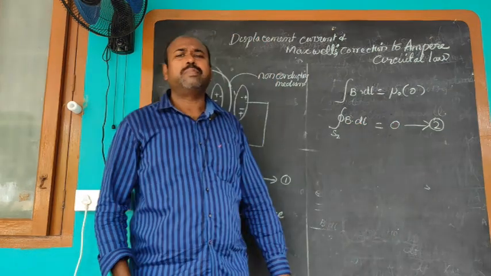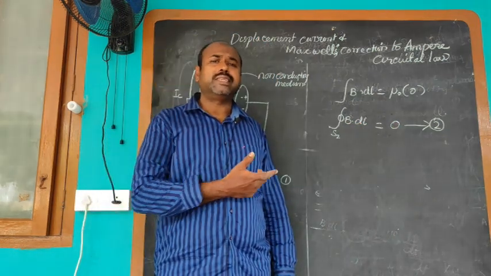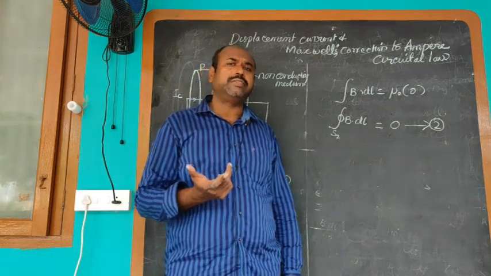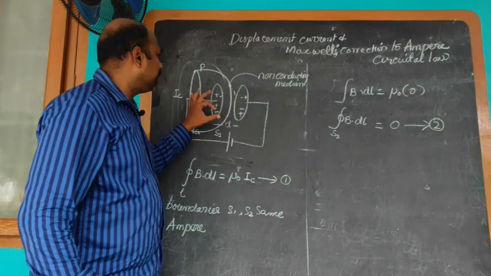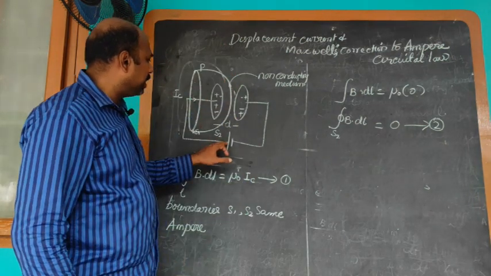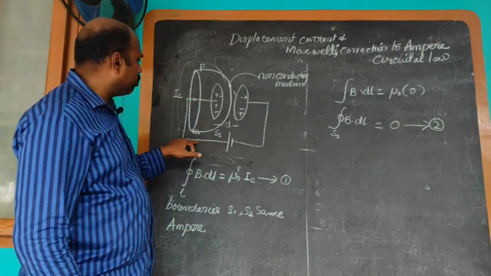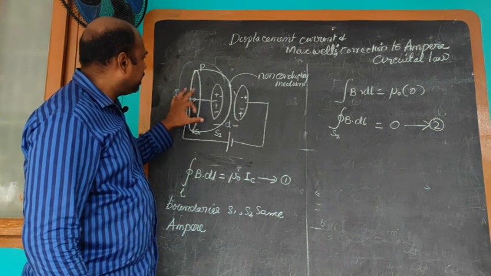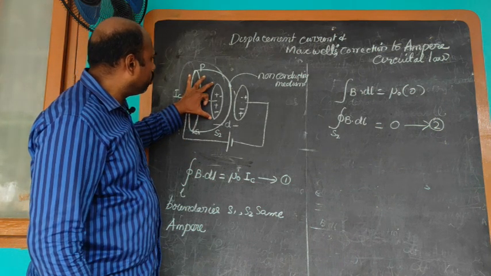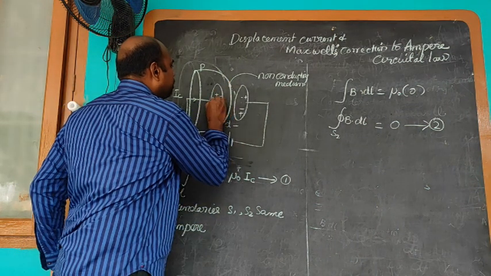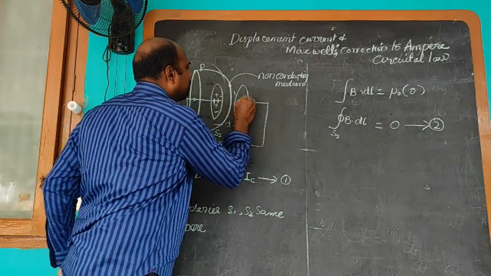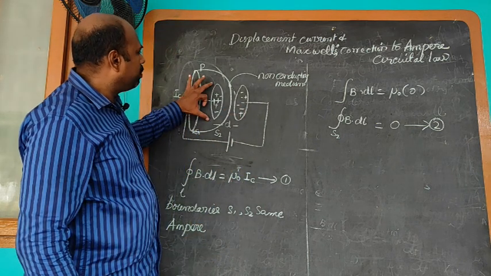Maxwell resolved this inconsistency. How did he resolve it? He told that these plates are charged up by the current. A current is passed through the wire, thereby the charges in the plates are growing. Here the plus charges are growing on this plate, and the minus charges are growing on this plate. What happened?